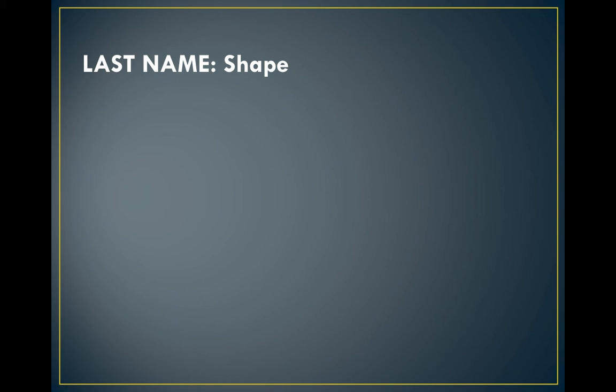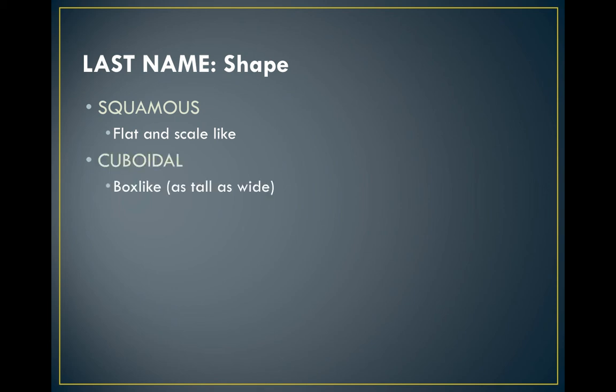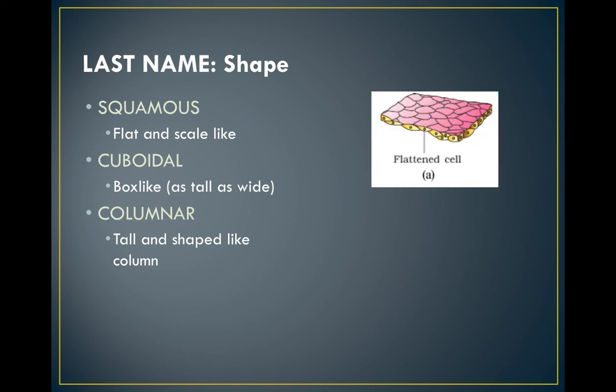Then remember the last name deals with the shape. There are a couple of common shapes. Squamous is a very flat, scale-like shape. Cuboidal is, as it sounds, a box, like a cube. It's as tall as it is wide. Columnar represents a column. It's very tall, shaped like a column.